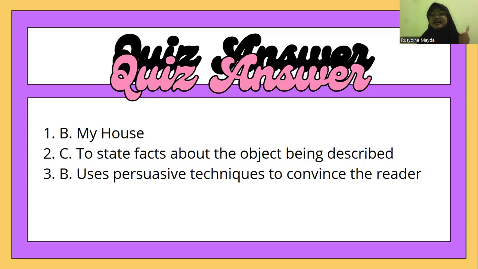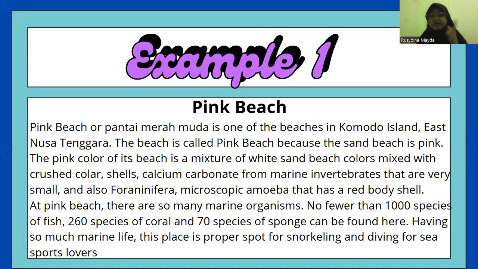As the example one of descriptive text. Pink Beach, or Pantai Merah, is one of the beaches in Komodo Island, Nusa Tenggara. The beach is called Pink Beach because the sand is pink.